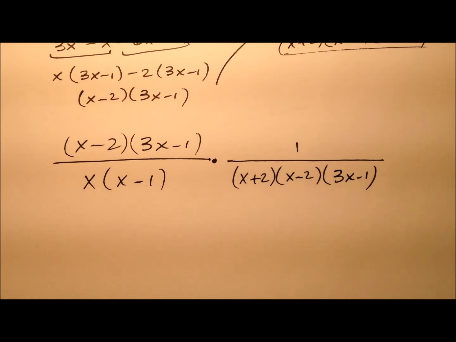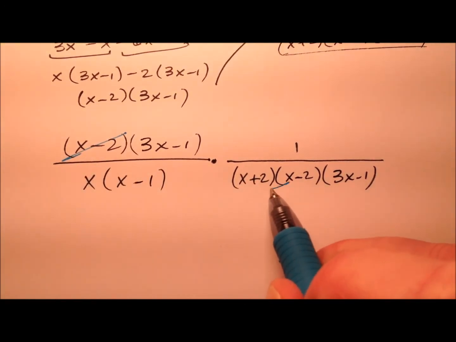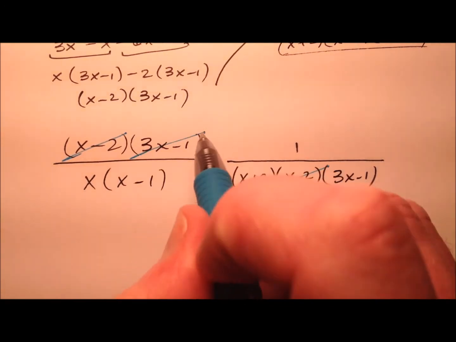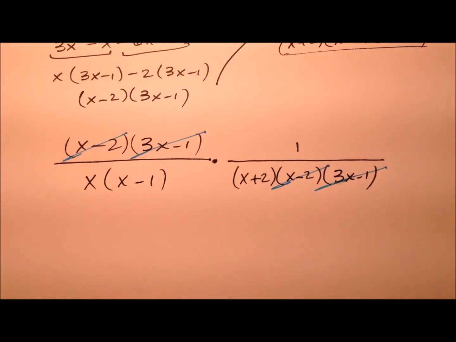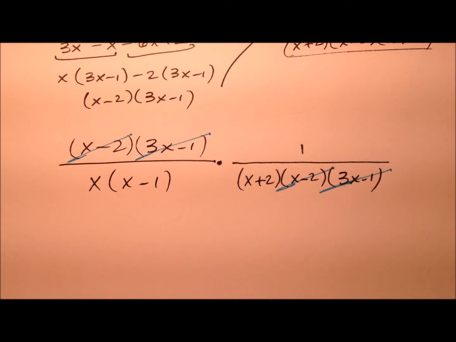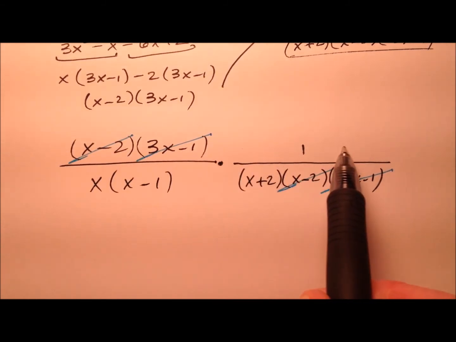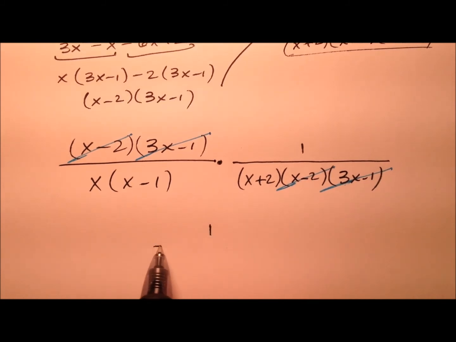So let's look at everything together now. What can cancel? Remember, top to bottom, any common factors from the numerator can cancel with any factor that's in common with the denominator. So x minus 2, x minus 2, 3x minus 1, 3x minus 1, and it looks like nothing else will cancel. So my numerator just looks like everything canceled, and I just have a 1 on top.